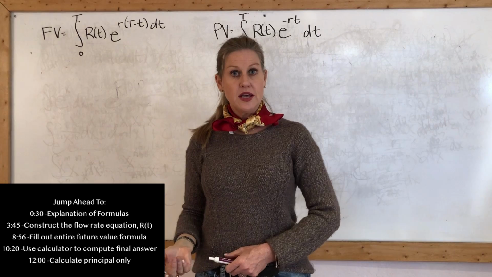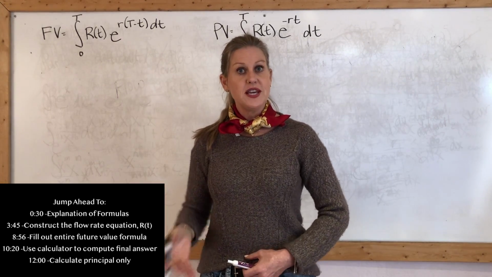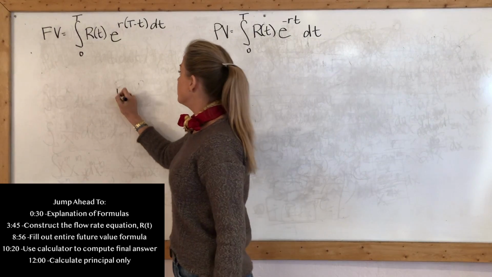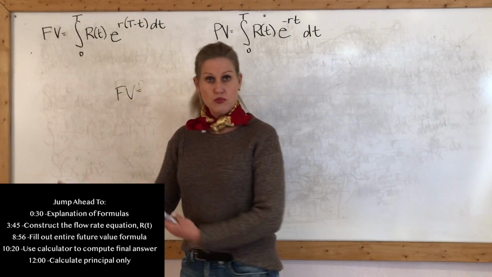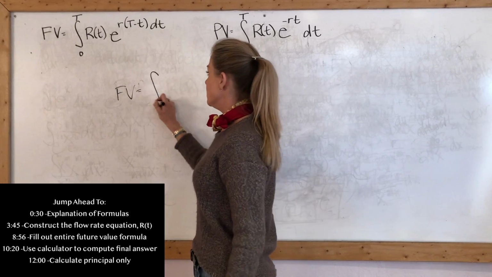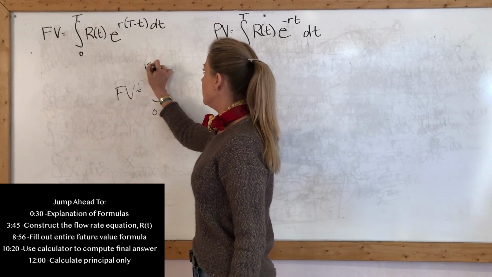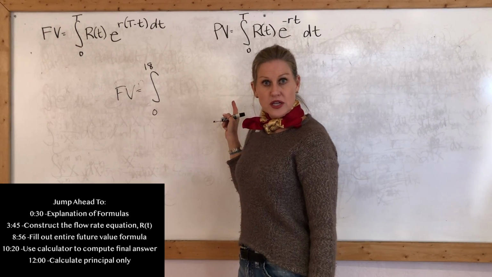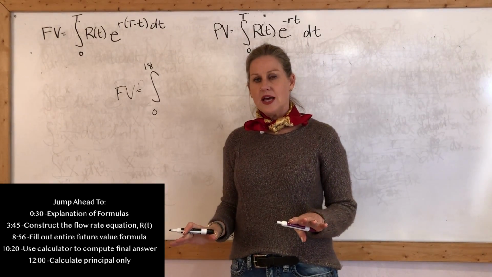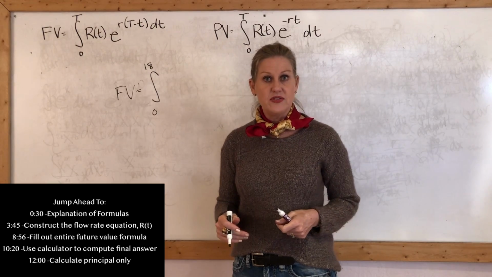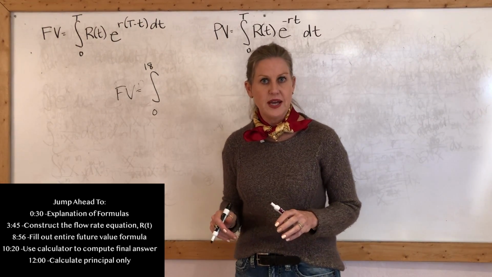Now I'm ready to calculate their future value using the R of t and then all of the other components in the formula. So the future value of this money, which means what's going to be in the bank when they go back and pick it up after 18 years, is 0 on the bottom, 18 on the top. And now I'm going to write my flow rate equation. And just so I don't get into any algebraic trouble, I'm going to write every single individual piece and not worry about multiplying things together.